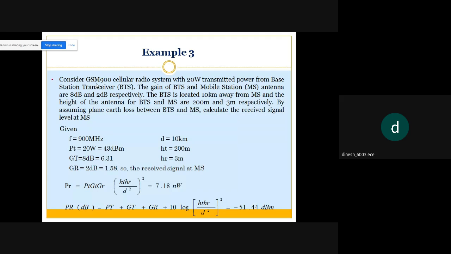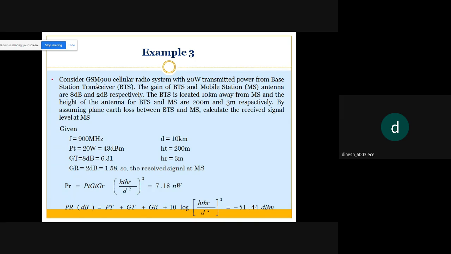The received power at the mobile station is the power which is being received. So list out the parameters which are given: frequency, distance 10 kilometers, and the transmitted power measured in watts.